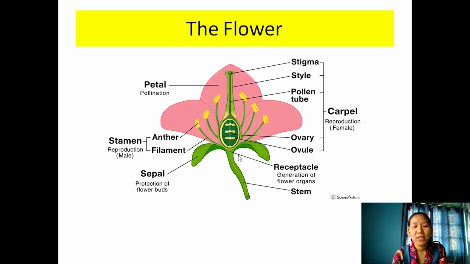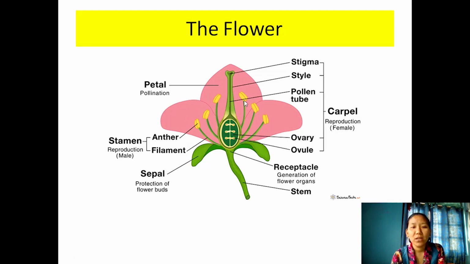So looking at the four whorls of the flower, in the outermost whorl we have the sepals, which are usually green in color, and they provide protection to the flower bud. The inner whorl is called the corolla, made up of petals. All the petals together we call the corolla, and they are usually bright so as to attract the pollinators.